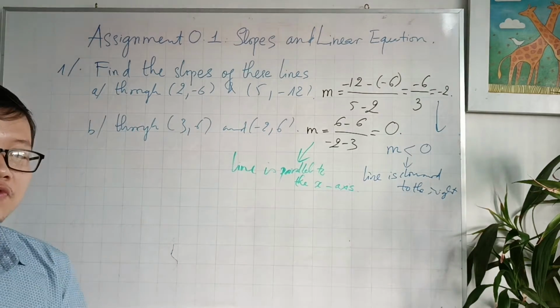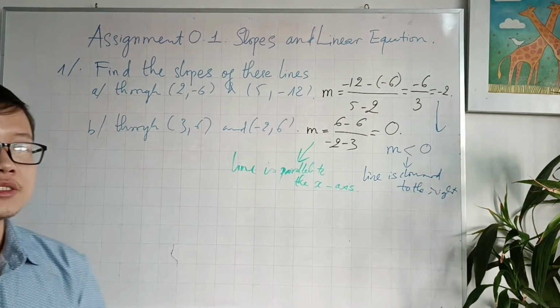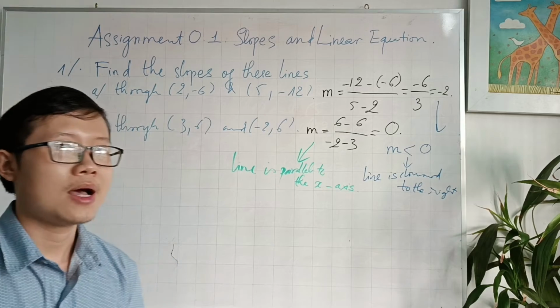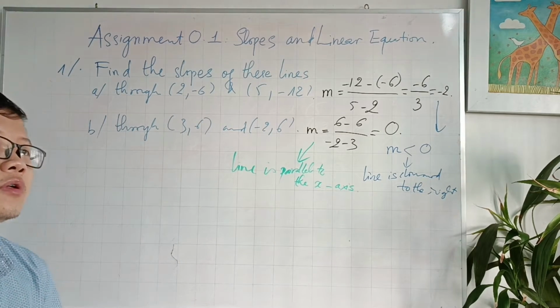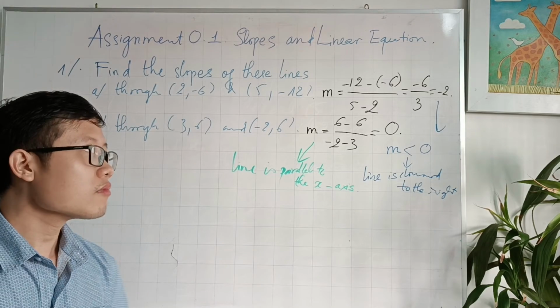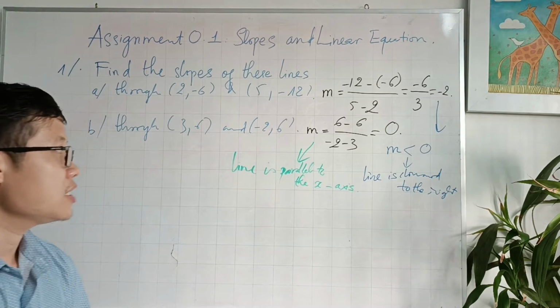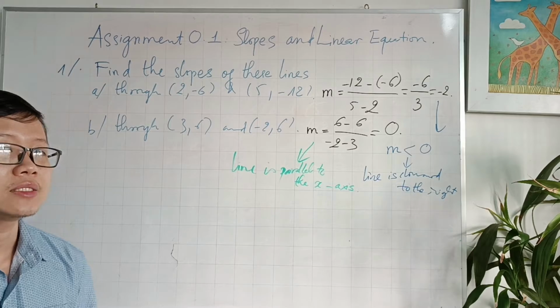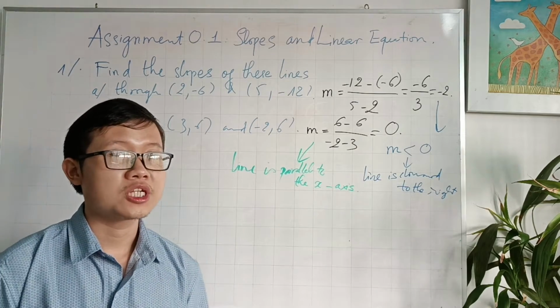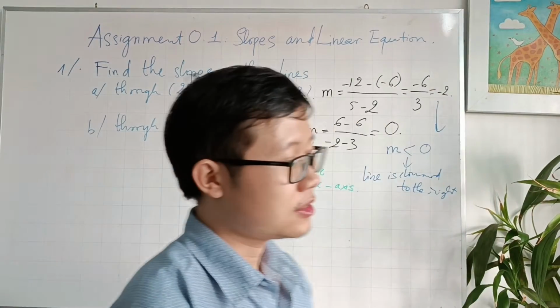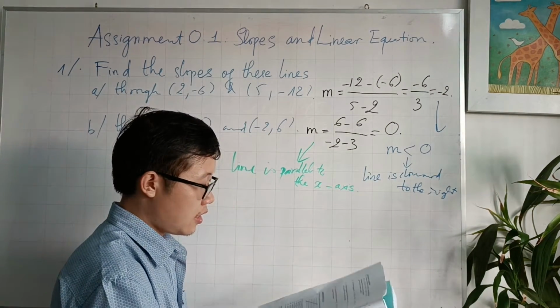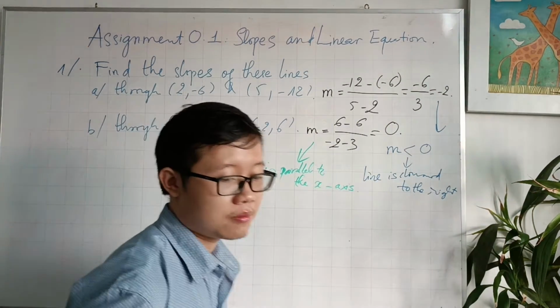Yeah, it's very easy, and you can watch my lesson 0.1 again to review the situations where m is greater than 0 and m approaches infinity. Okay, this is exercise number 1. We go to exercise number 2.